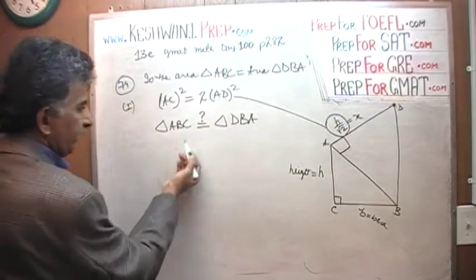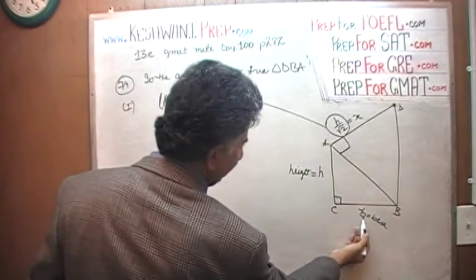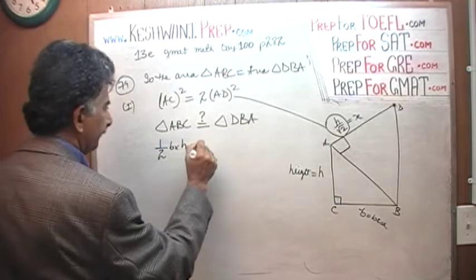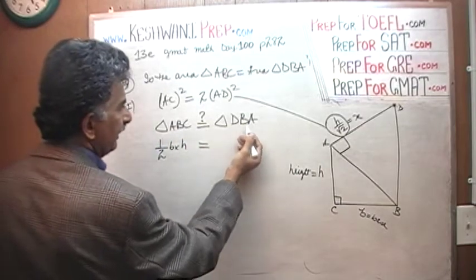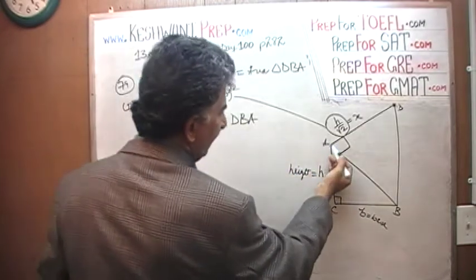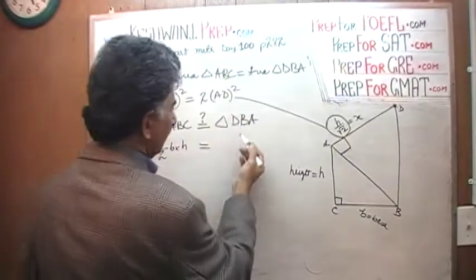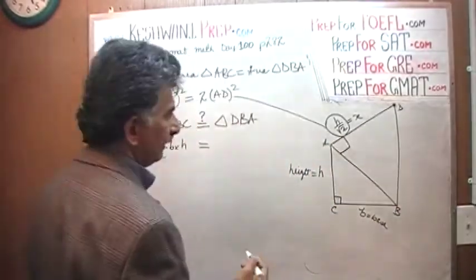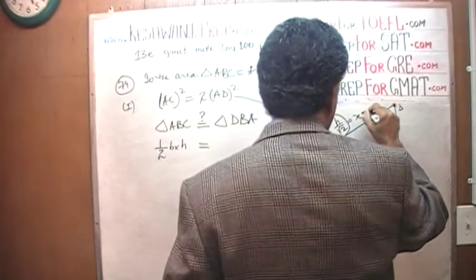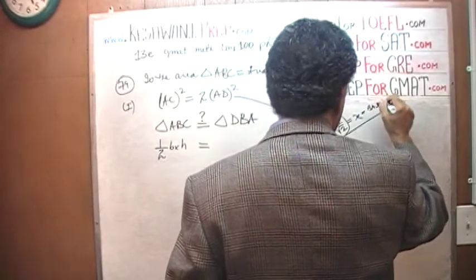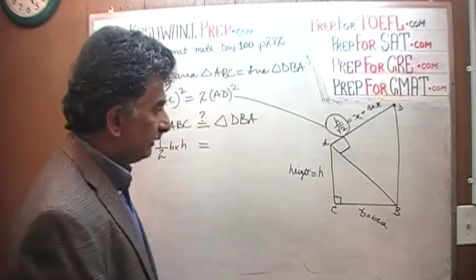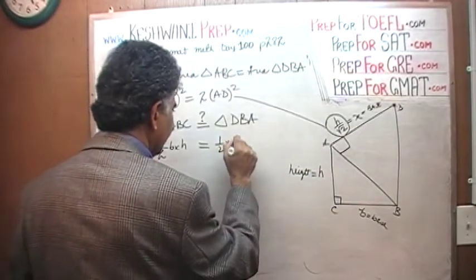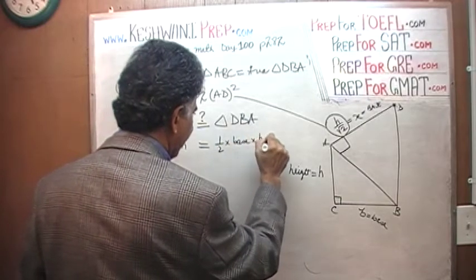So for the area of triangle ABC, the height is H, the base is B. Therefore, it is 1/2 base times height. And the area of the triangle DBA has the base, this is our base, and the height of the DBA is AB. 1/2 base times height.